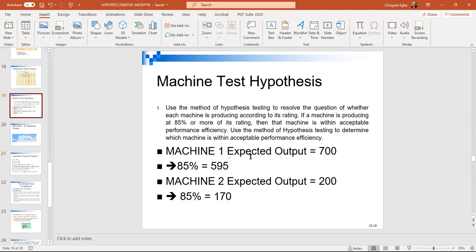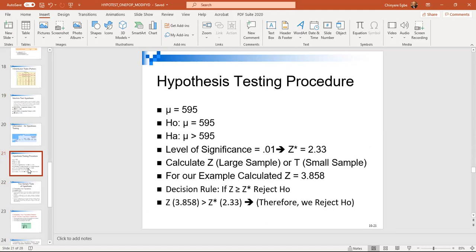So machine number one, is it within acceptable performance efficiency? Somebody give me an answer.